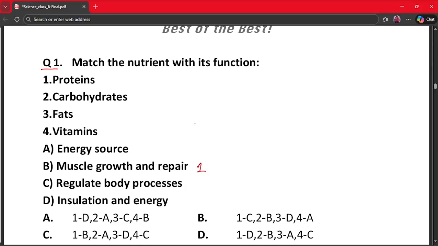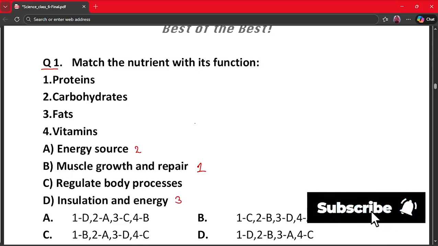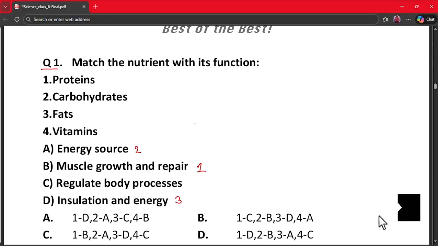This is one protein. And carbohydrates are the primary source of energy for the body. So this one is for carbohydrates. Fats help in insulation and also store energy. So this one is fats, and vitamins regulate various body processes and maintain good health. So when we match each nutrient with its correct function, this one is vitamins.